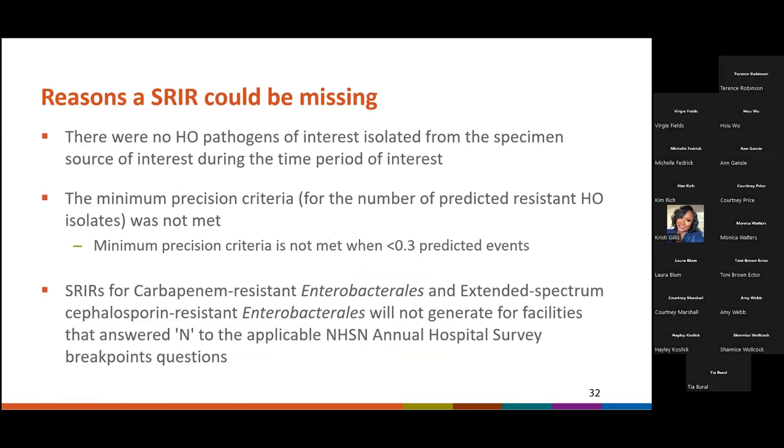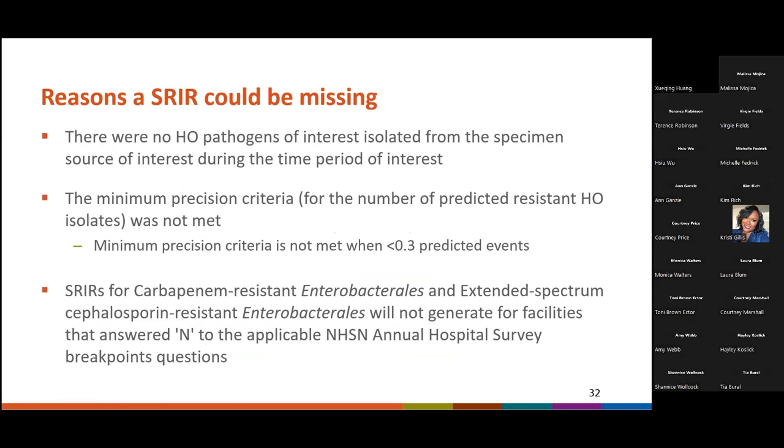There are several situations where the SRIR could be missing or suppressed. The SRIR will be missing when there were no hospital onset pathogens of interest isolated from the specimen source of interest during the time period of interest. If the number of predicted resistant hospital onset isolates is less than 0.3, then the minimum precision criteria was not met and the SRIR will be suppressed.